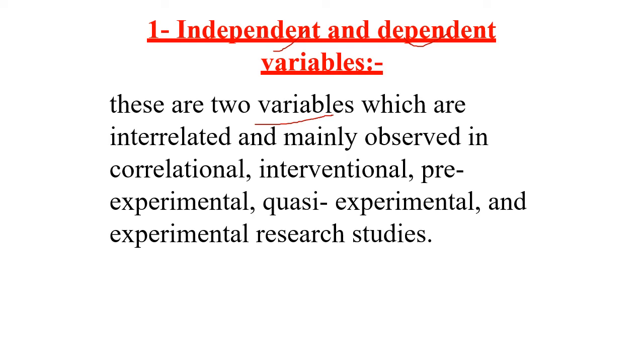Usually this kind of dependent and independent variables we can see in types of study like correlational, interventions, pre-experimental, quasi-experimental, or experimental research studies. In most experimental types of study, it is compulsory to include the independent and dependent variables.